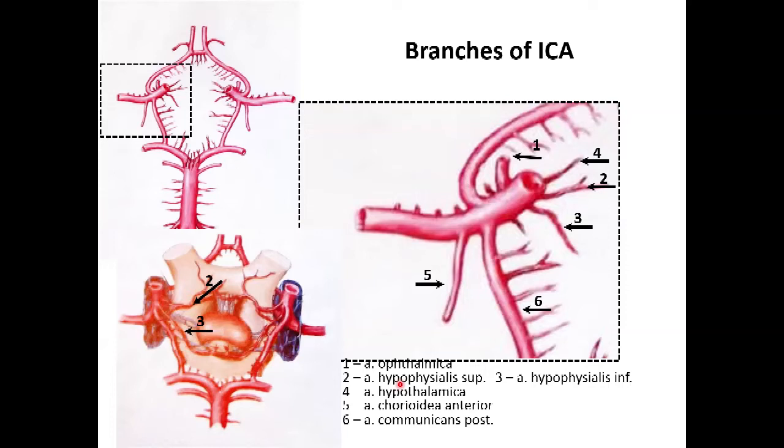So these two symmetrical structures combine together, forming the circle of Willis for instant blood supplying of the basis of the brain.